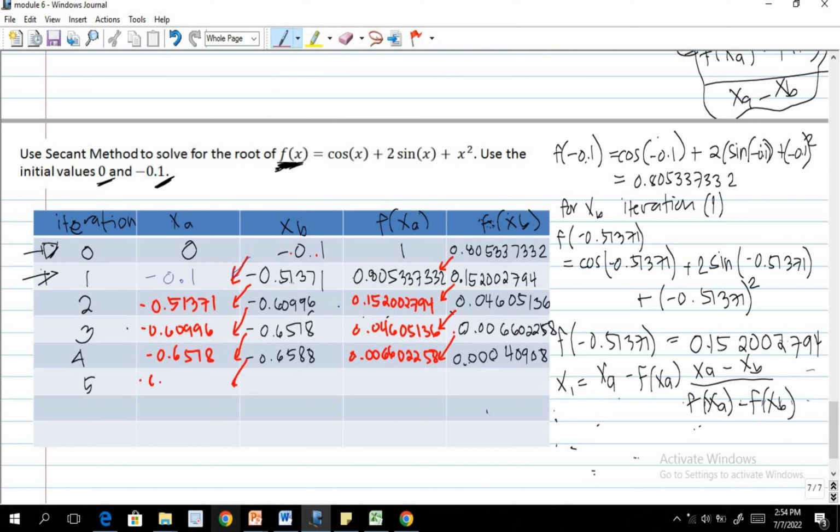This is negative 0.6866, and my XP now is... hindi pa ako pwedeng stop.